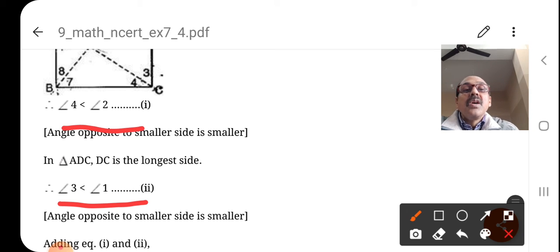Now adding 1 and 2, angle 4 plus 3 is less than angle 1 plus 2.